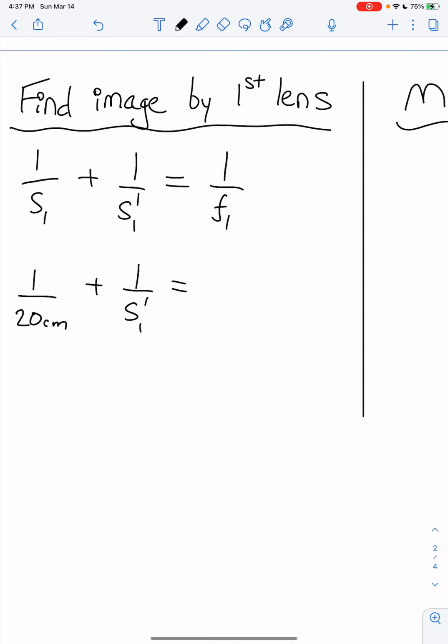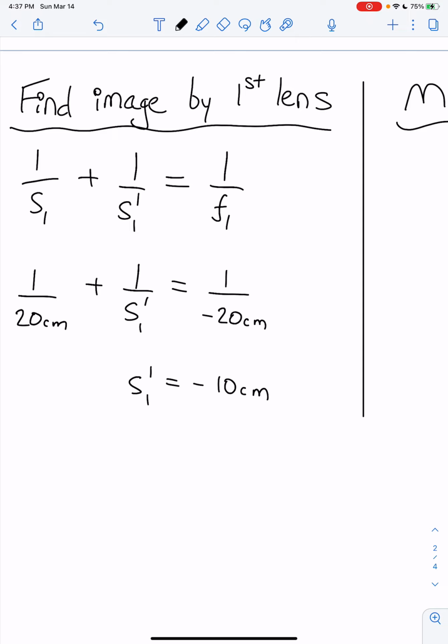We'll find that. We also do know our F value, so that's negative 20. If we rearrange for S prime, we get negative 10 centimeters.